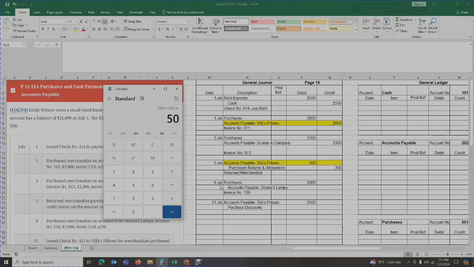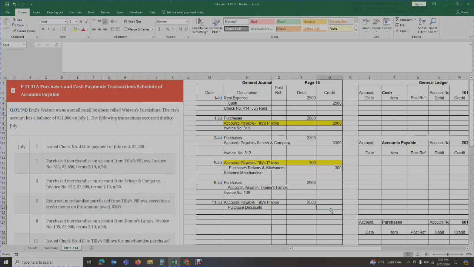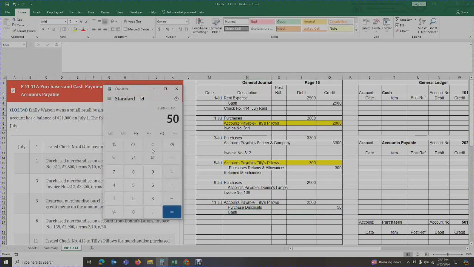So that means that we're going to get a $50 discount. Remember, $50 credit because that is the normal balance of the account. So, if we used to owe $2,500, but we get a $50 discount for paying within the 10 days, then how much cash do we actually have to remit to Tilly's? Well, that means that we owed $2,500, but we got a discount of $50. That means that the cash that we're going to pay Tilly is $2,450.